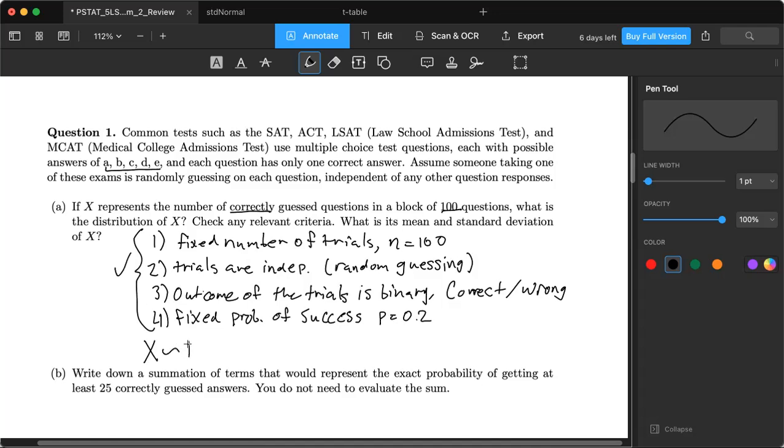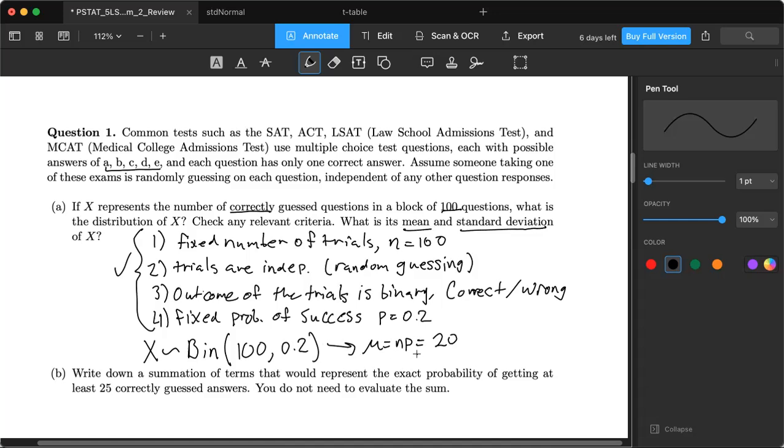So X is distributed as binomial with n equals 100 and probability of success 0.2. Now we need to find the mean and the standard deviation. So the mean is equal to np, which is equal to 100 times 0.2, which is just 20.